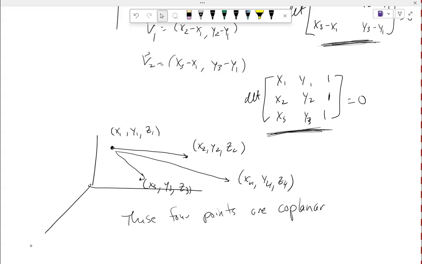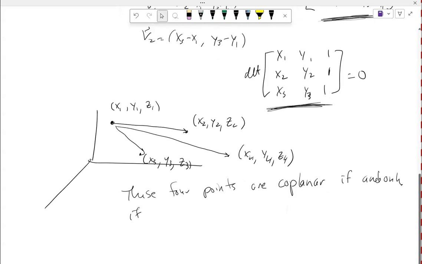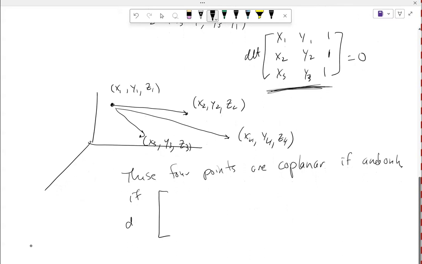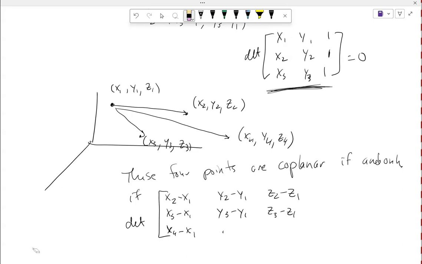if and only if the determinant of the matrix with rows x2 minus x1, y2 minus y1, z2 minus z1, same thing for x3, y3, z3, and same thing for the other point, is 0.